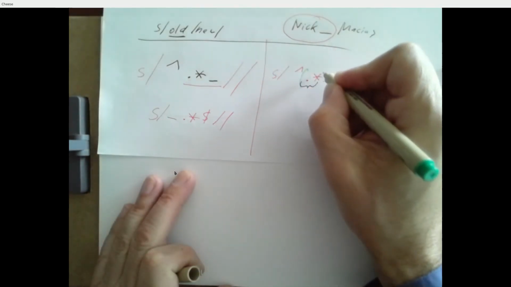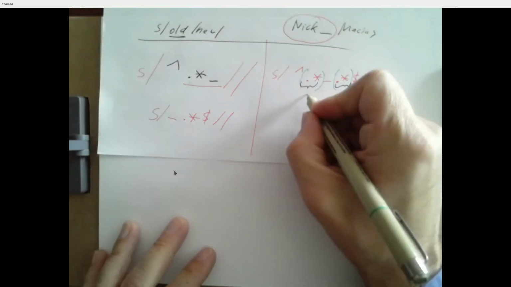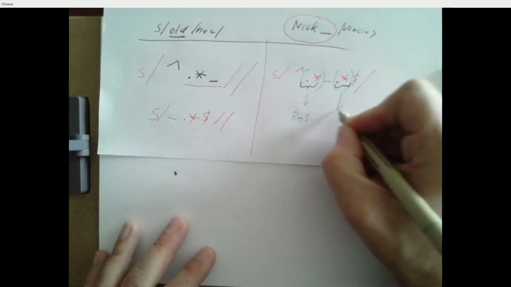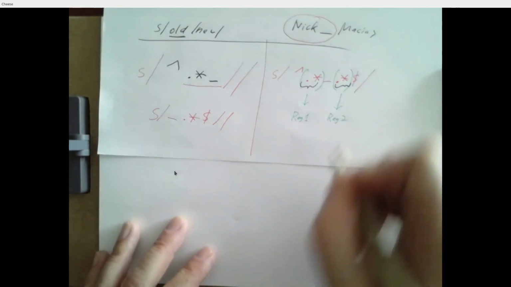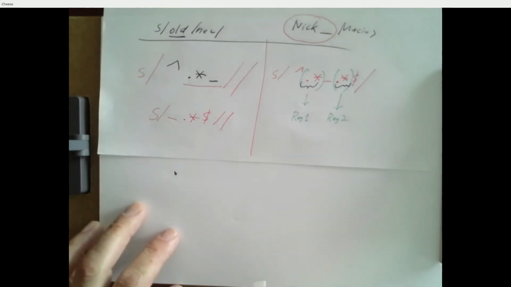Right? So here's what we can do with regular expressions. We can throw parentheses around these. And whatever matches this goes into something called register 1. And whatever matches this goes into something called register 2. And we can access the contents of register 2 by saying \2.